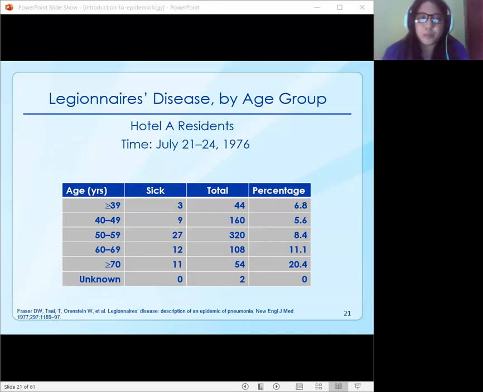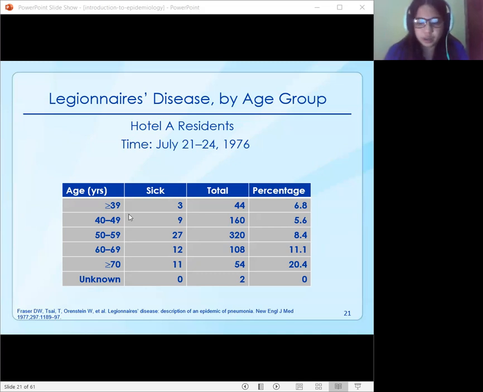The convention was held from July 21 to 24, 1976. This table shows the age, how many of them got sick, the total number who belong within that age bracket, and the percentage.